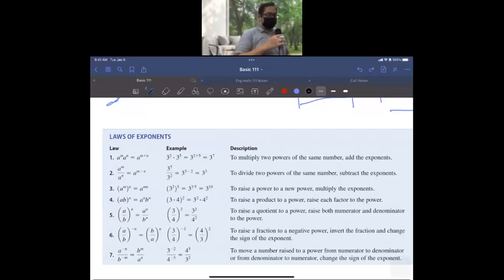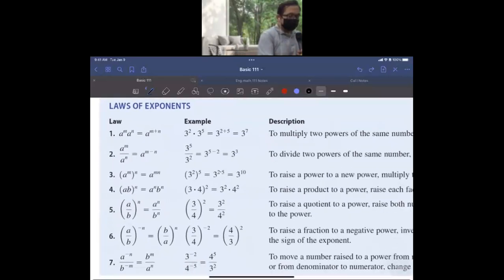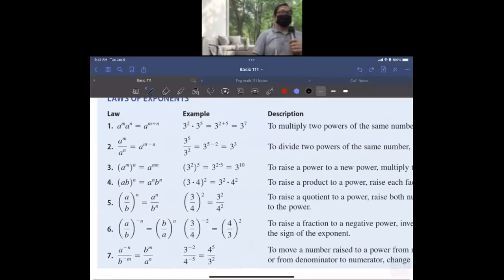I believe this will come in handy for some algebra, because for those of you who are also taking calculus, some parts of calculus require you to be really familiar with algebra, and one part of that algebra is understanding the exponent. Okay, we're not going to explain every detail here.